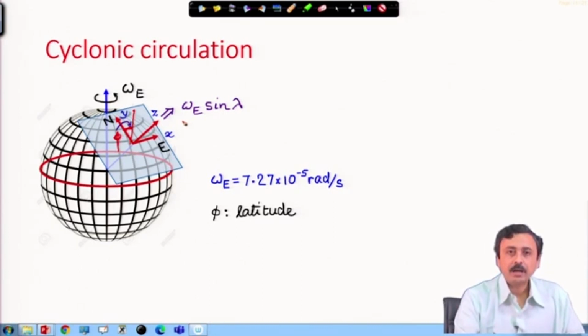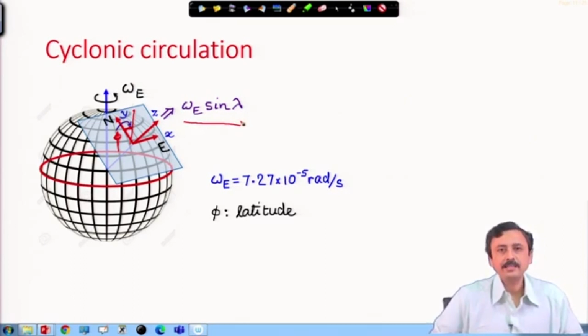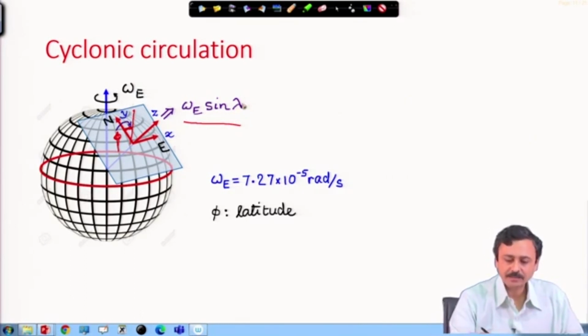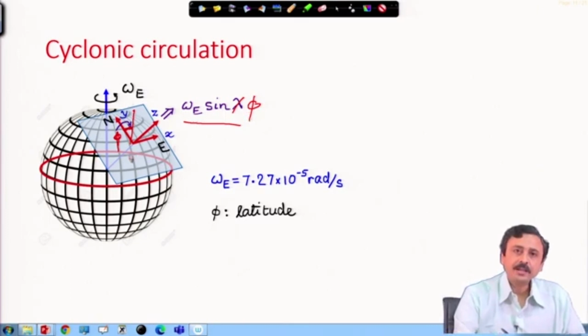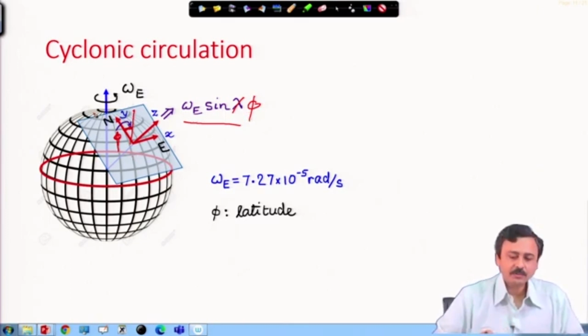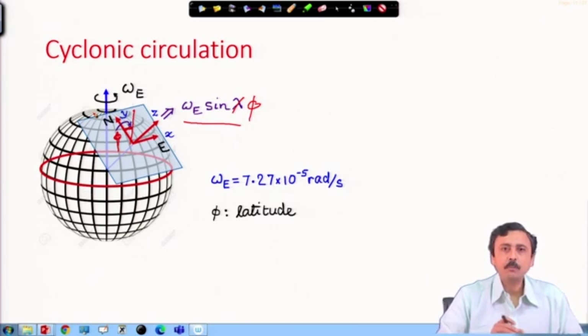Therefore, about the z axis its component is omega e sin phi, and there is another component about the y axis, which will be omega e cos phi. Now, this omega e sin phi is similar to the omega of the disk problem that we have discussed. This omega is along the axis of that disk, or in this case the plane.